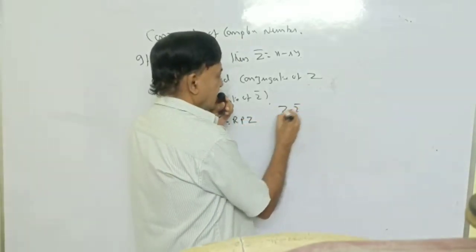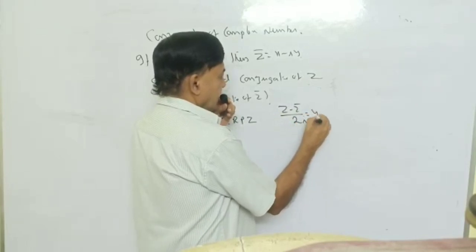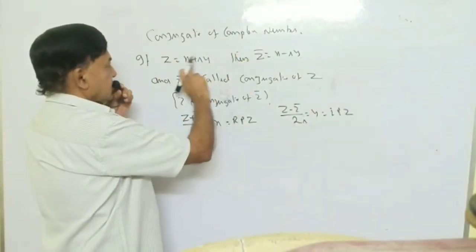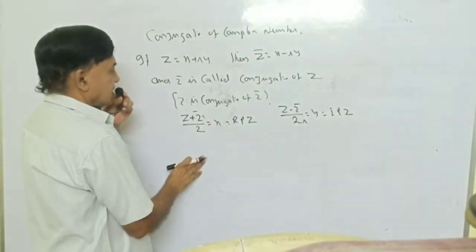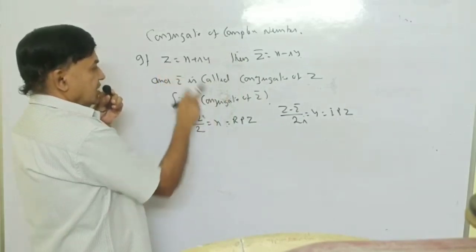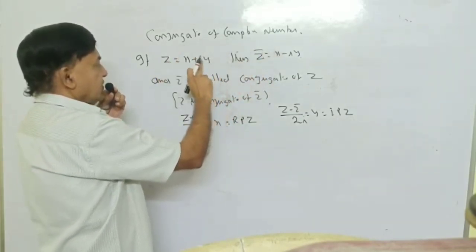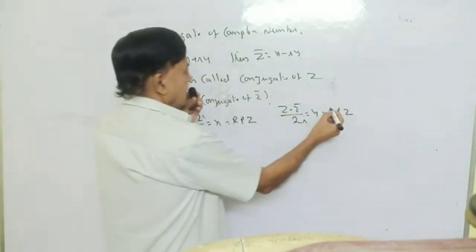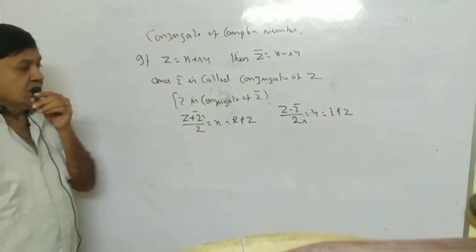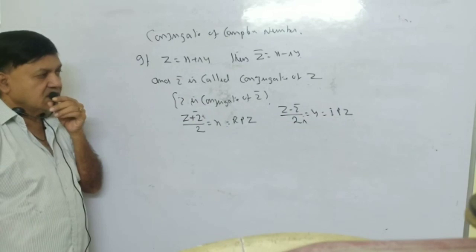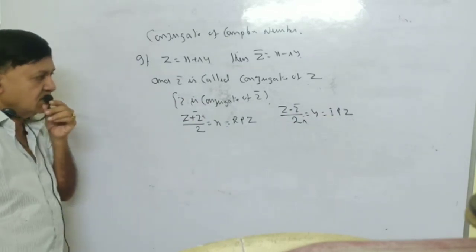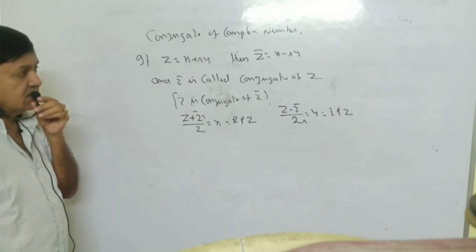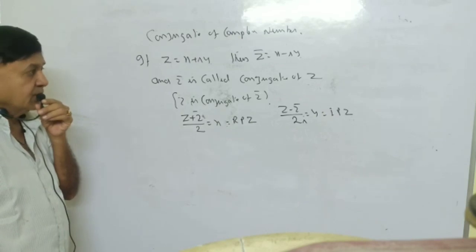And (z minus z bar) by 2i is y, which is the imaginary part of z. In the sum, the iy terms cancel, so you get 2x by 2, the real part of z. The difference gives you 2iy, and dividing by 2i gives you y, the imaginary part of z. So this is the definition of a conjugate complex number.